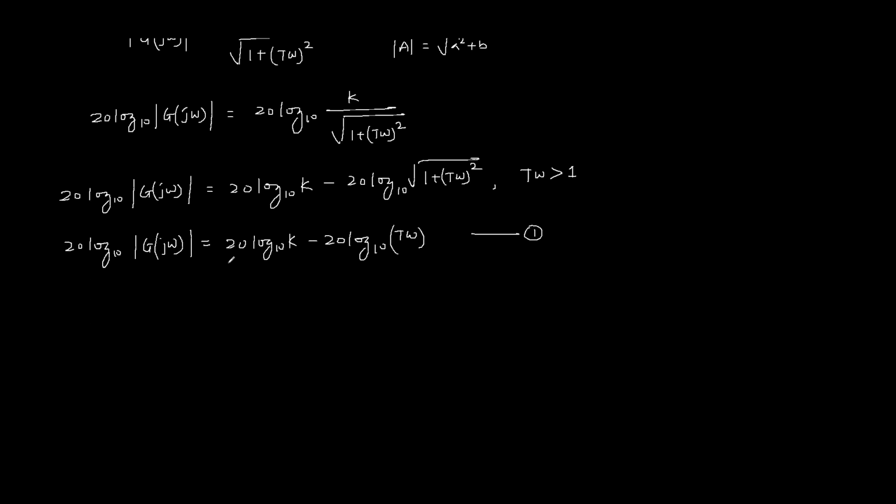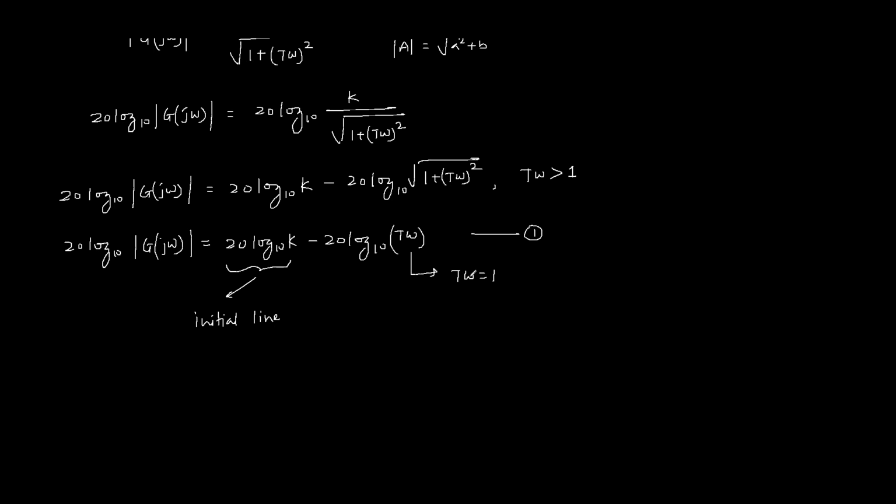So here we have two parts in this expression. First one is independent of omega, so the first part is constant. This is the expression for initial line, which is independent of omega or constant. And this one is the expression for second line. If T omega is 1, then the value 20 log 1 base 10 is 0.